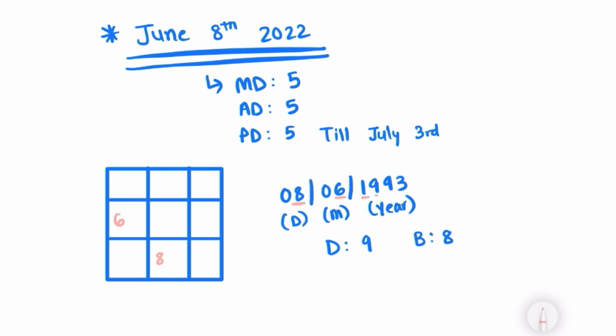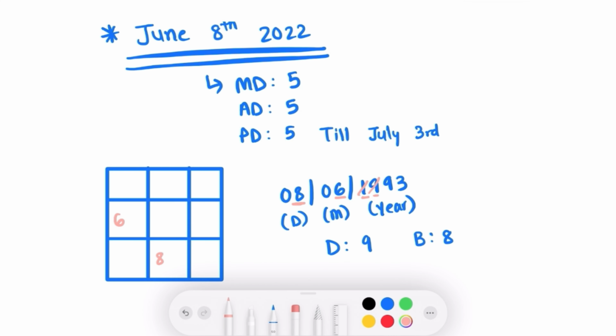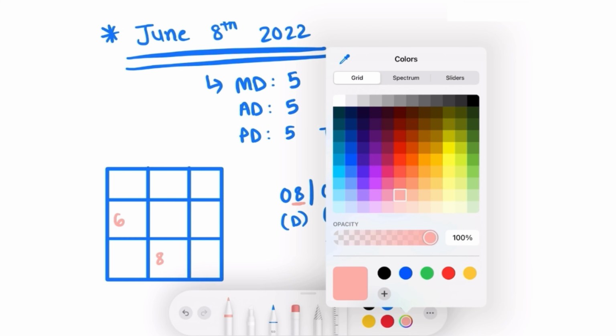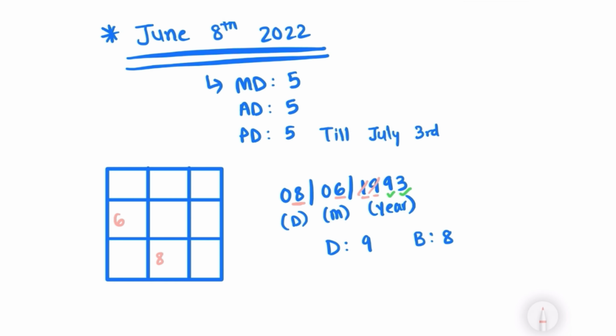Then we don't take the century number, so I'm just gonna cross it out. And we do take the 9 and 3. We only take the last 2 digits of your birth year, okay guys? So 9 goes over here and 3 goes over here. Then we also plug in the destiny number and the basic number. So again, we have 8 over here, and then 9, which is destiny, we'll put over here. So this is the Vedic numerology grid for this date of birth.